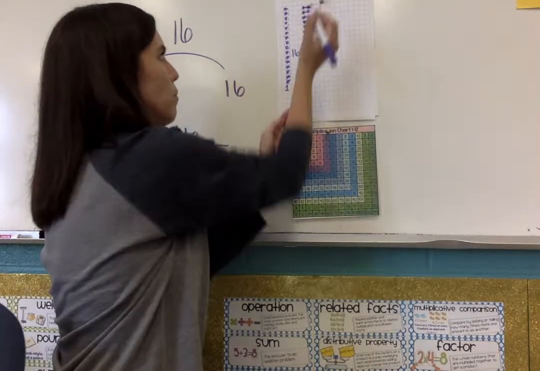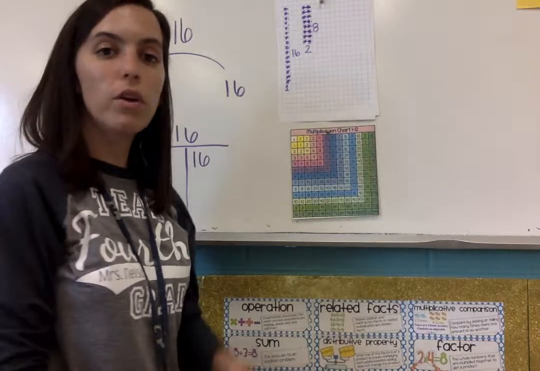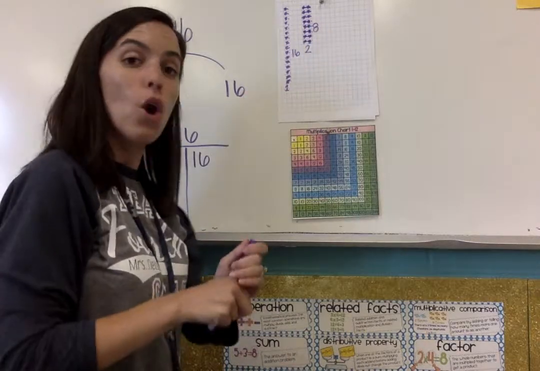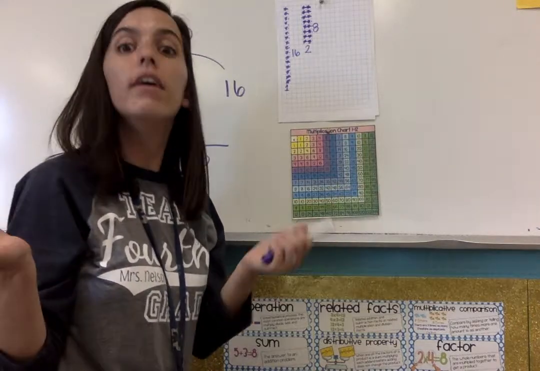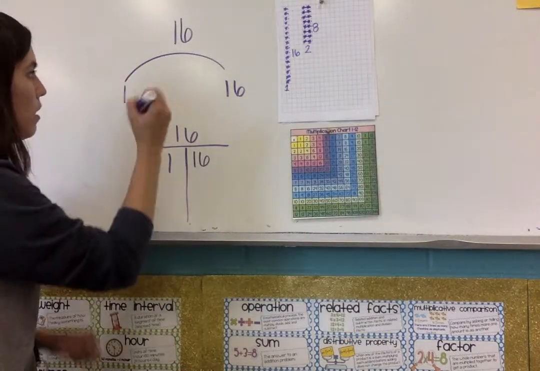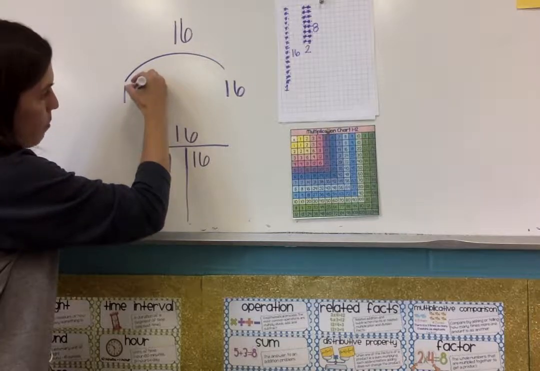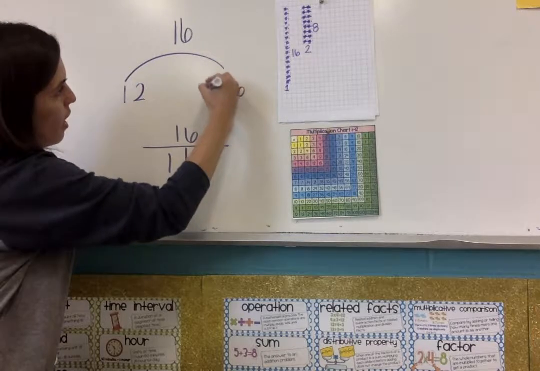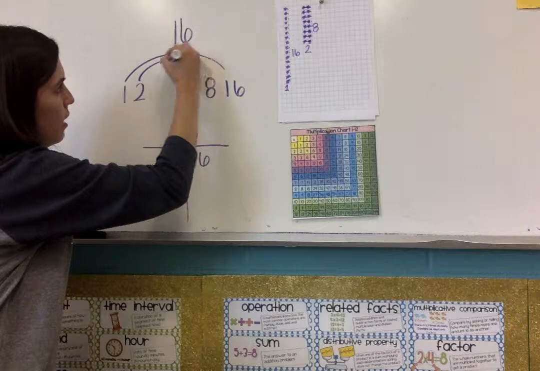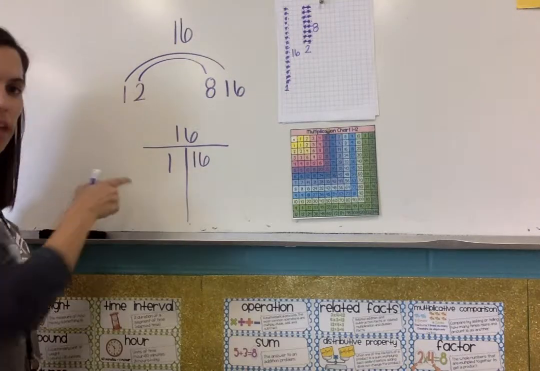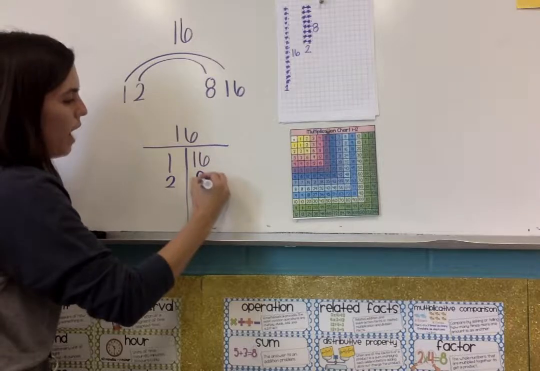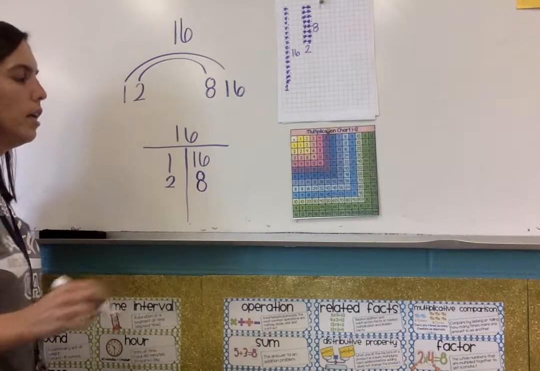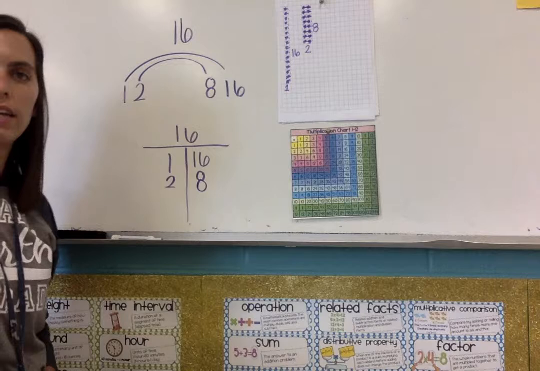Do you see those 8 rows? This shows us that 2 and 8 are factors of 16. So let me add that to my factor rainbow. When I multiply 2 times 8, I will get 16. If you like to do it on the T-chart, you can also write 2 and 8 right here, because 2 times 8 gives you 16.